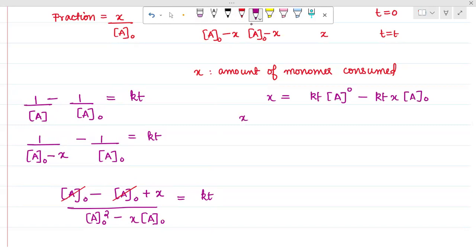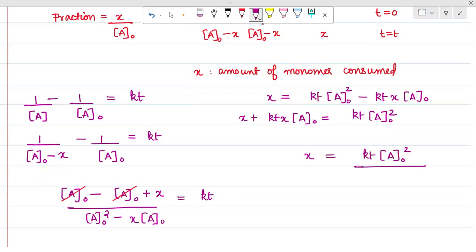So this becomes X plus KTX A naught is equal to KT A naught square. Now taking X common and rearranging, X is equal to KT A naught square divided by KT A naught plus 1. So this is X.